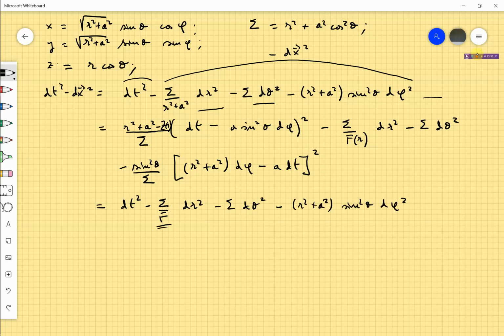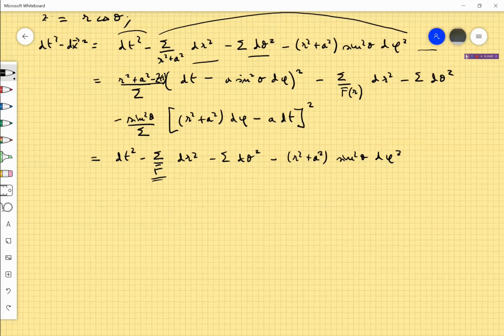So if f has the right behavior, so it behaves as r squared plus a squared, at least in some limit, all the terms that you have here in this line will go to Minkowski. And then there is an extra term, which is the one that depends on the function of r, which is c. And this is multiplying this.